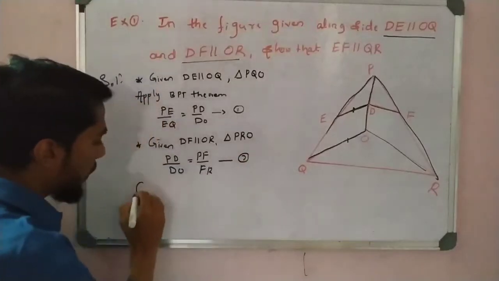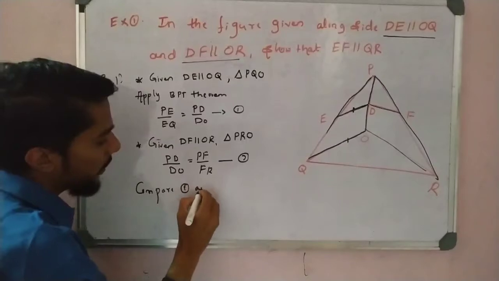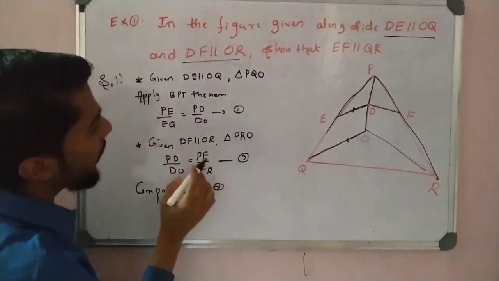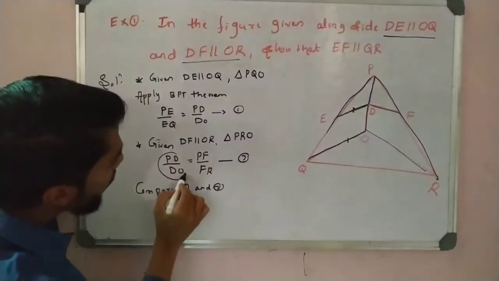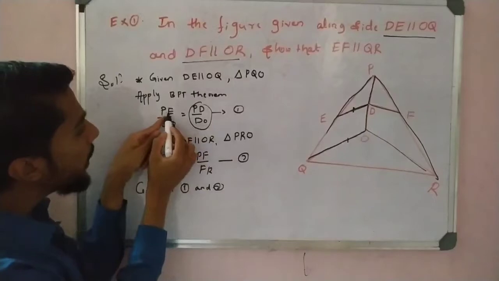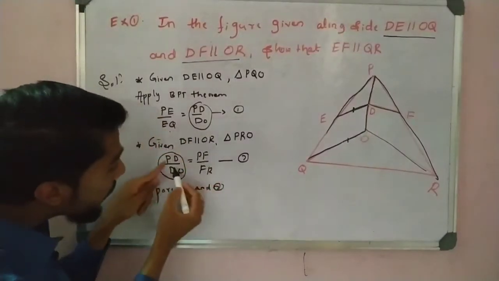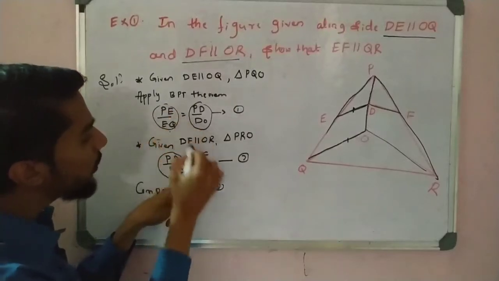Now compare 1 and 2, you get the answer. Almost all of you got the answer correct. See here, PD by DO is repeated. So PD by DO is equal to PE by EQ, and PD by DO is also equal to PF by FR, meaning this quantity equals this quantity.